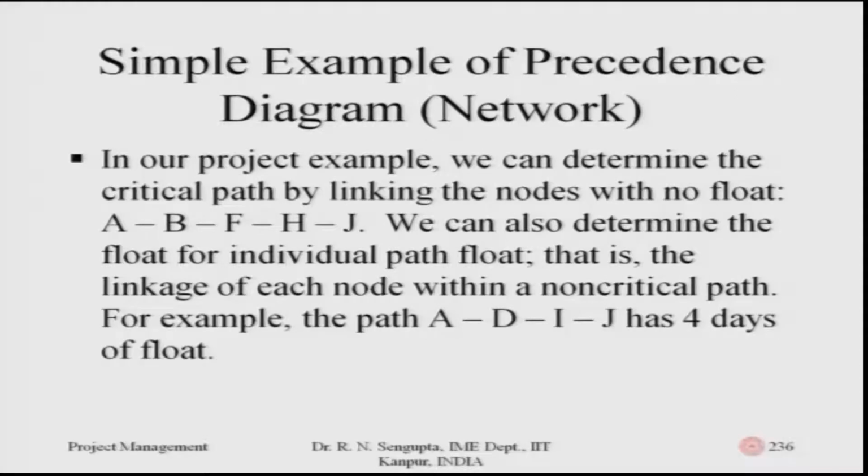For example, in that diagram which we just discussed, the path A, D, I, J has 4 days of float. That means 4 days can be utilized for readjusting in case of emergency or some changes in the activity start and finish, for the sets of activities which are on the non-critical path.